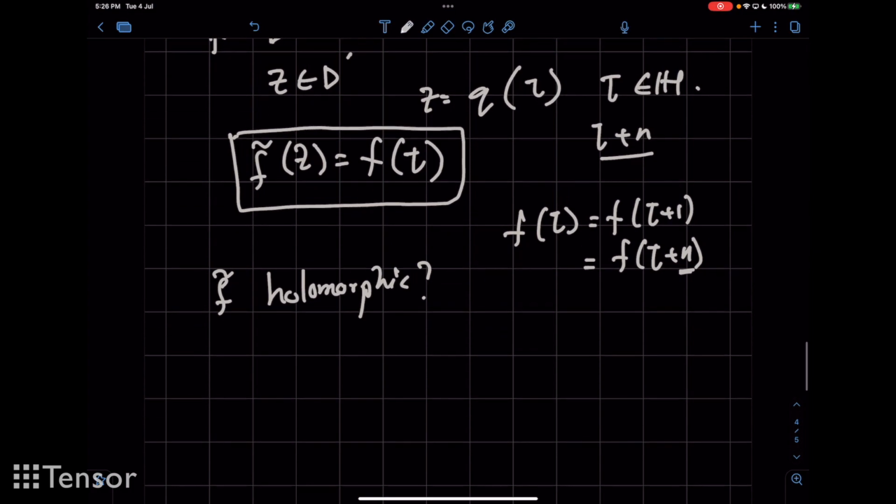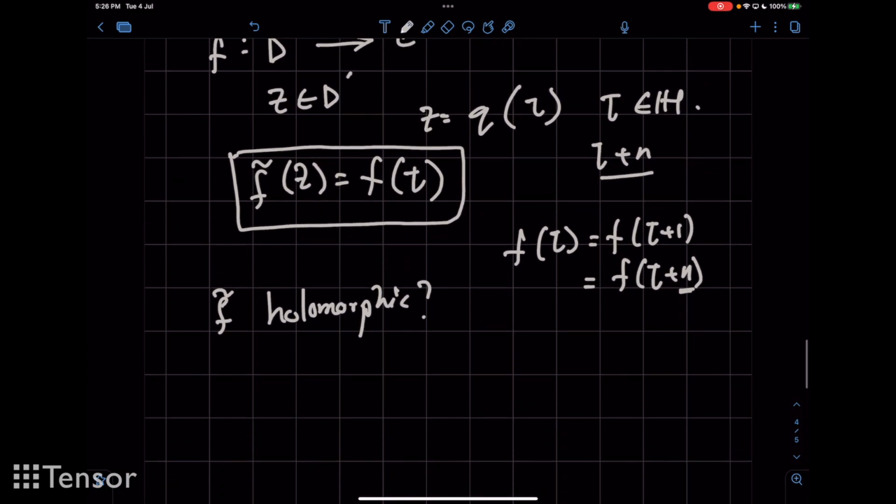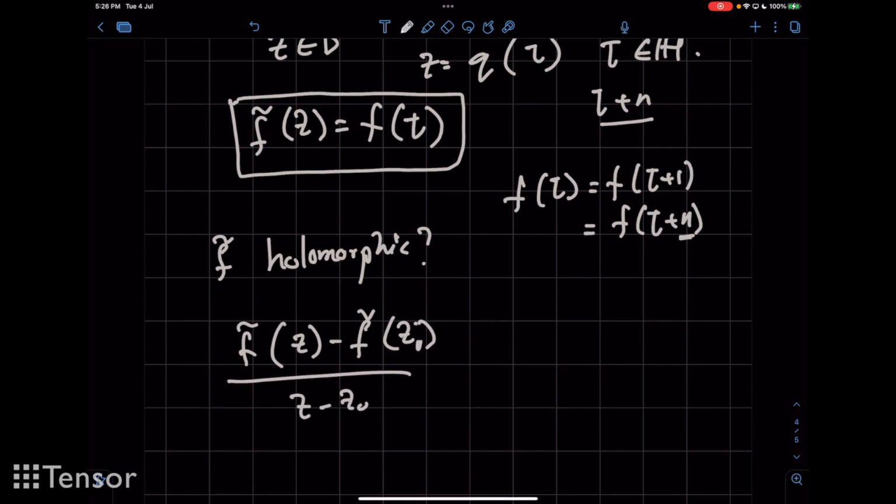So we need to compute f tilde of z minus f tilde of z naught divided by z minus z naught, and we need to compute this limit as z goes to z naught.